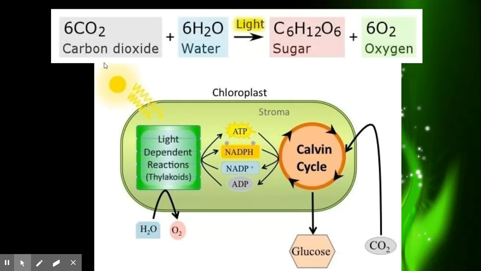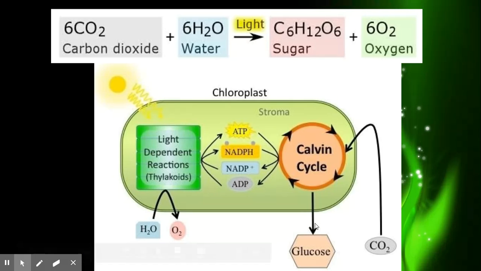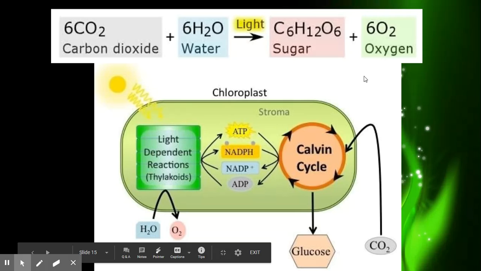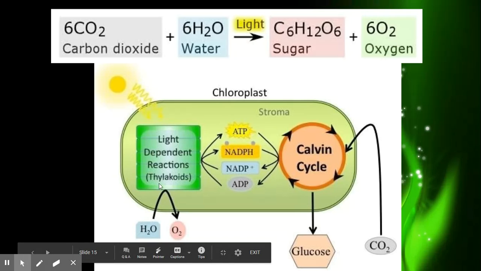Carbon dioxide is used in the Calvin cycle. Water is used in the light reactions. Light, obviously, is used in the light reactions. Where does the sugar get produced? Sugar gets produced in the Calvin cycle. And then oxygen is produced when the water breaks down with the help of the light reactions.